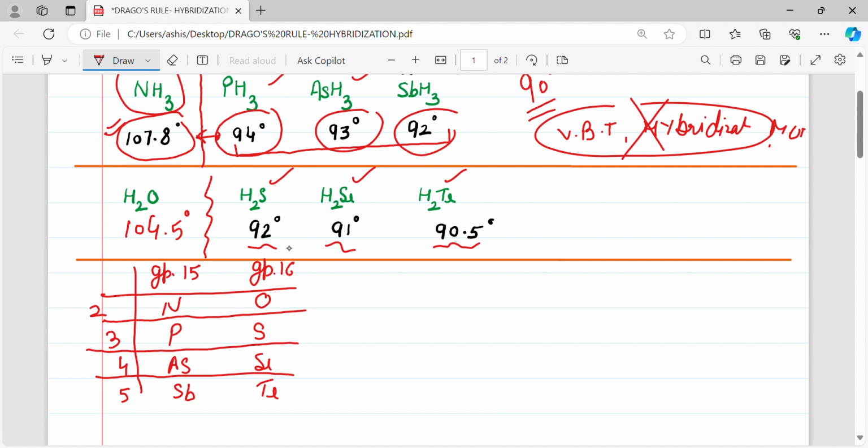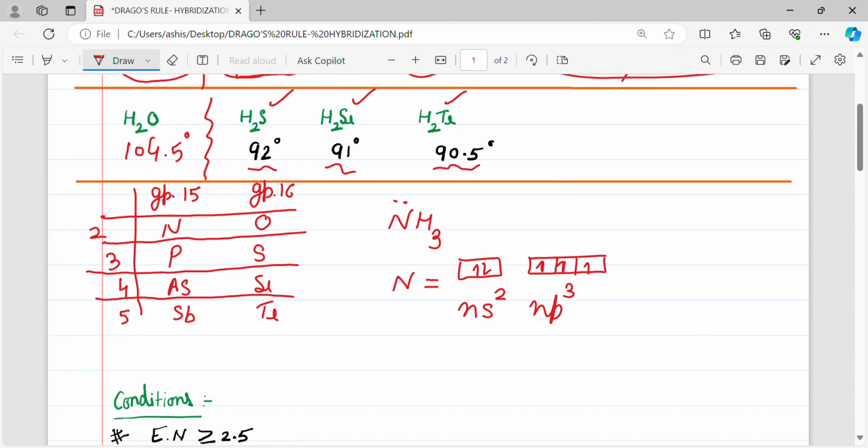We should take one example, first of all NH3. We all know the electronic configuration of N is 2s2 2p3. So in the s orbital there are 2 electrons and in the p orbitals there are 3 electrons.